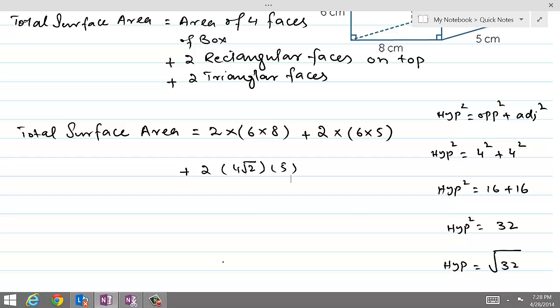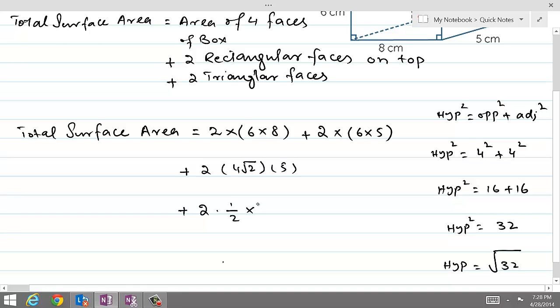That will give us plus 2 times, because area of triangle is 1 by 2 times base times height, and here the base is 8 and the height is 4. So this is the required surface area for the 4 faces of the box at the bottom, 2 rectangular faces on the top, and 2 triangular faces, one on the back and one on the front.